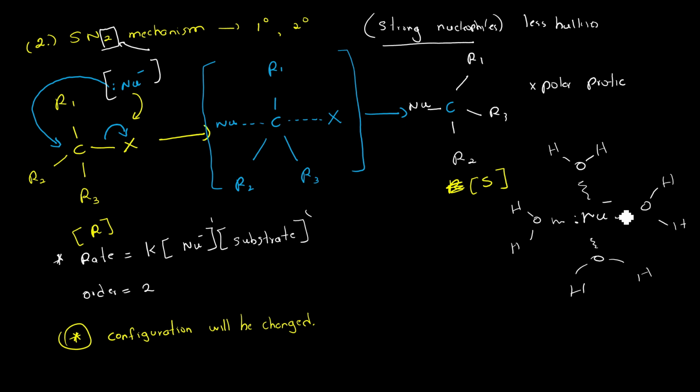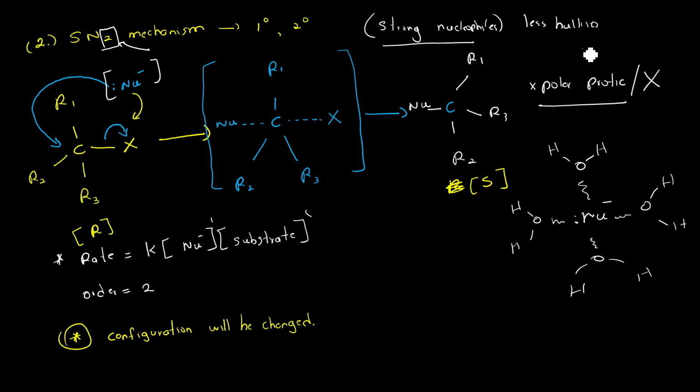We want this nucleophile to move quickly and attack here. So by introducing polar protic solvents, you cannot achieve this higher efficiency. In order to let this nucleophile attack quickly, you need polar aprotic solvents. So polar protic solvents won't work here.